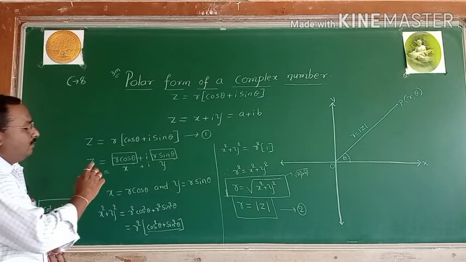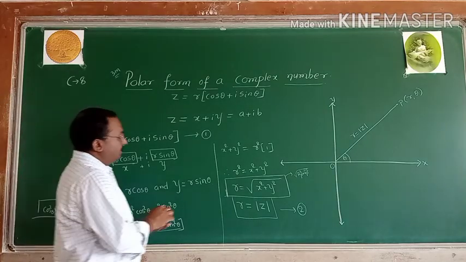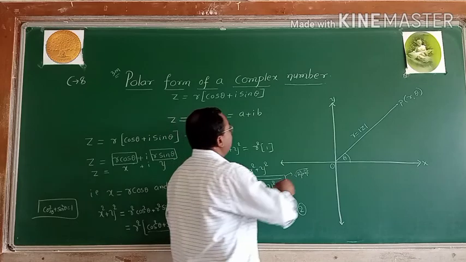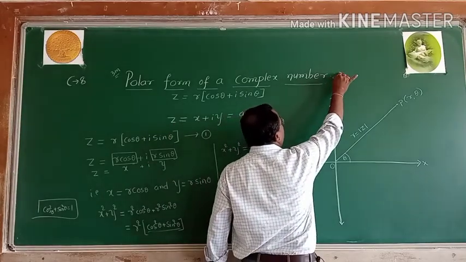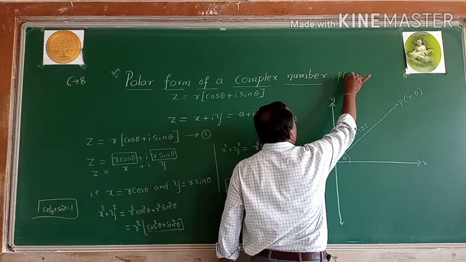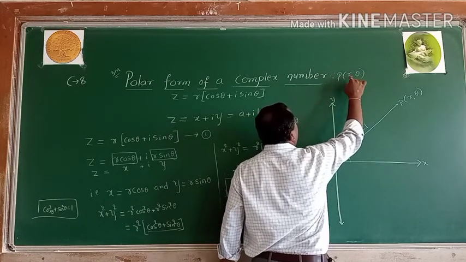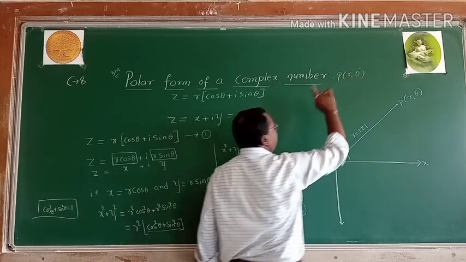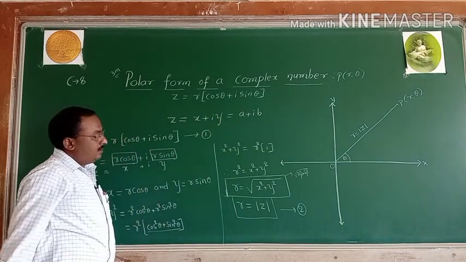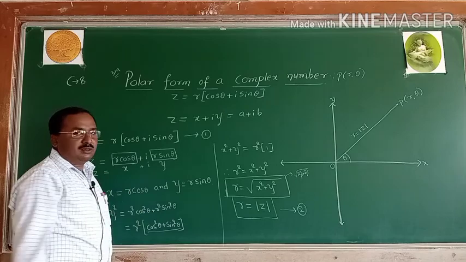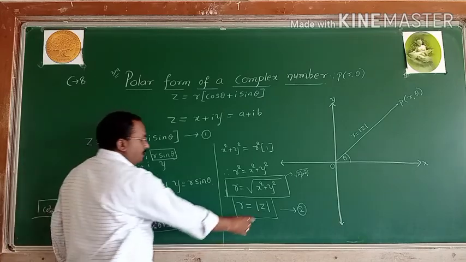Here, to find r. Next, this is the polar representation of a complex number, P(r, theta), that is the polar form. First to find r, second to find theta. The modulus of a complex number is done; this is the modulus symbol.